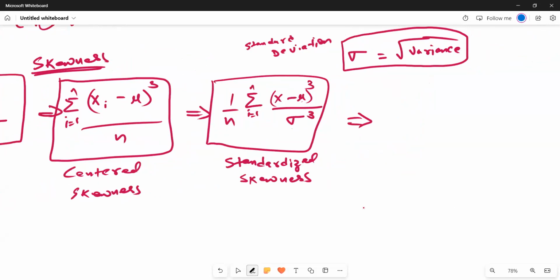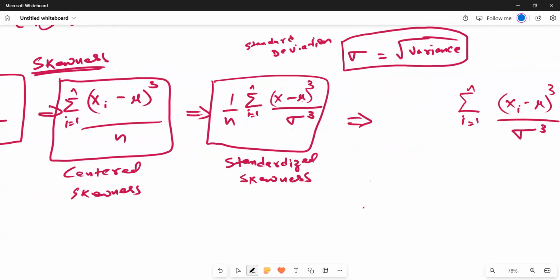So the sampling adjustment that will be added, basically this part will remain as it is, which is the summation of i equals 1 to n, xi minus mu whole cube, divided by the cube of standard deviation.